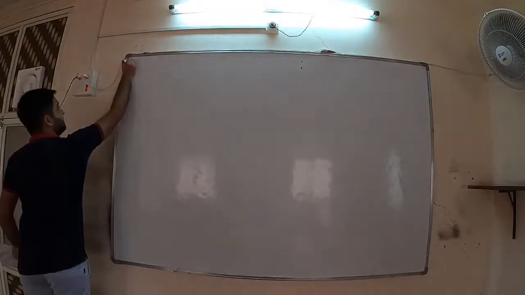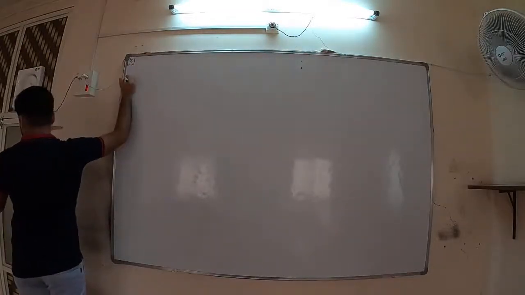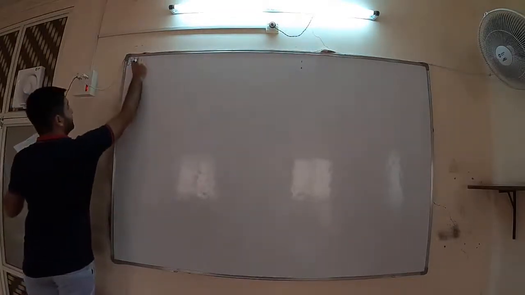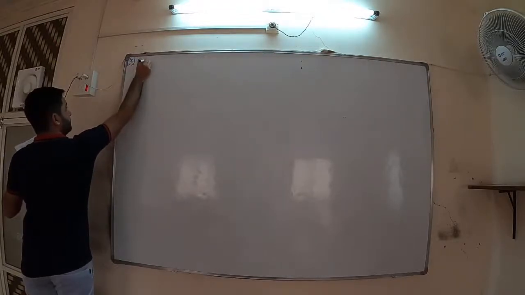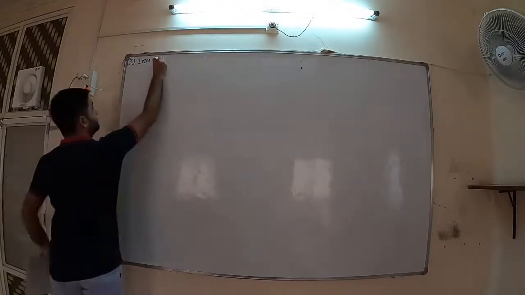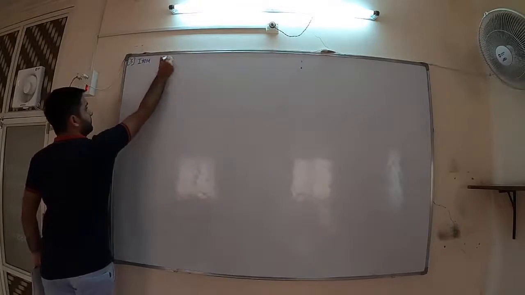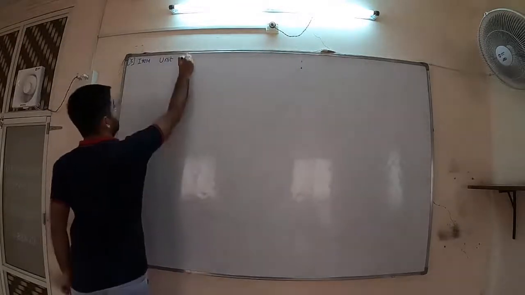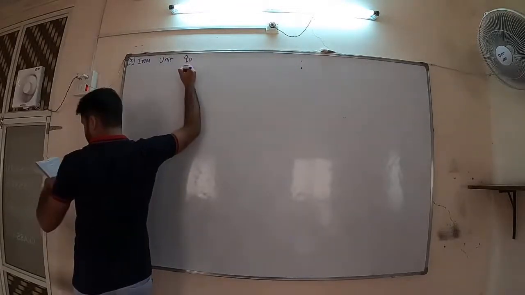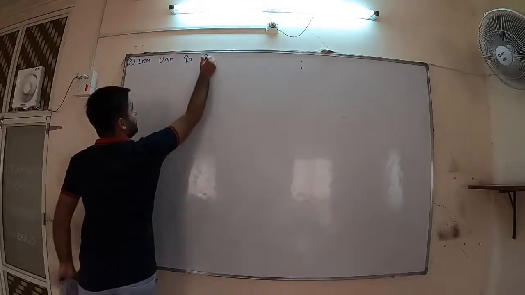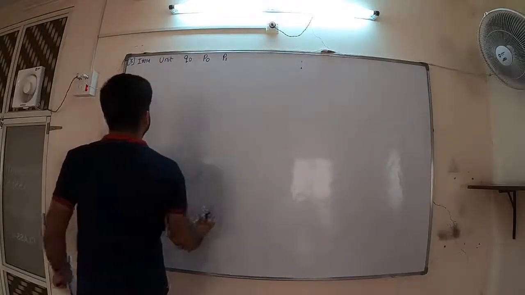Now this is sum number 3, and it is a very important sum. Item, unit, small quantity Q0, small price P0, big price P1.